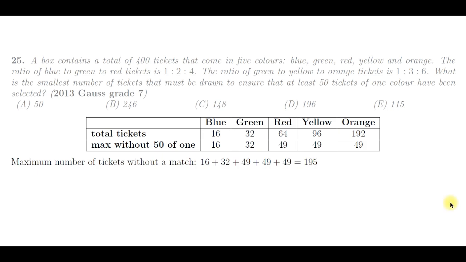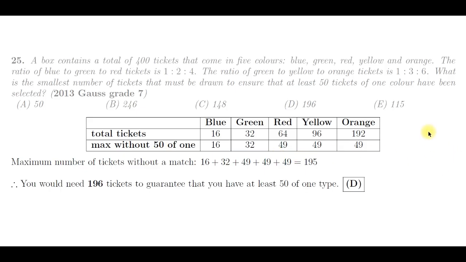What happens with my next ticket that I pick? There's no more blues or greens to pick, so it won't be a blue or green. It's going to be either a red, a yellow, or an orange. But because I've got 49 of each of these things, it doesn't matter which one I pick. I'm going to be put up to my 50. So if I pick one more ticket, 196, I'm going to have that 50 of each type.